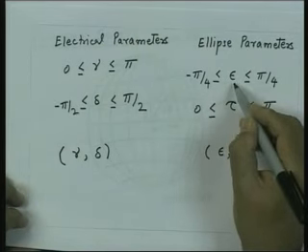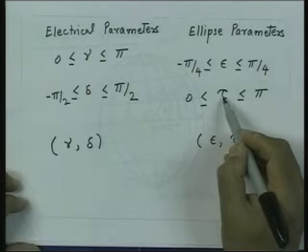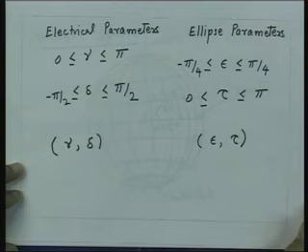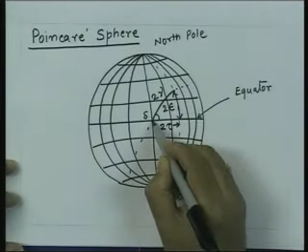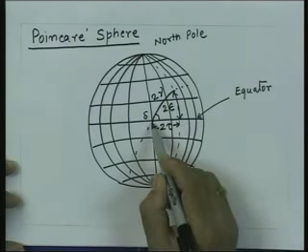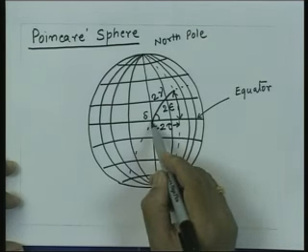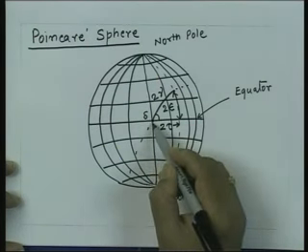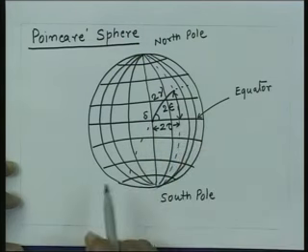So, for a linear polarization, since the axial ratio is infinity, the angle epsilon is equal to 0, and the tilt angle gives the inclination of the line, which can range from 0 to 180 degrees. If my reference point for measuring the longitude is this point, then this point corresponds to tau equal to 0 and epsilon equal to 0. So this point on the equator at the reference longitude corresponds to tau equal to 0, epsilon equal to 0.